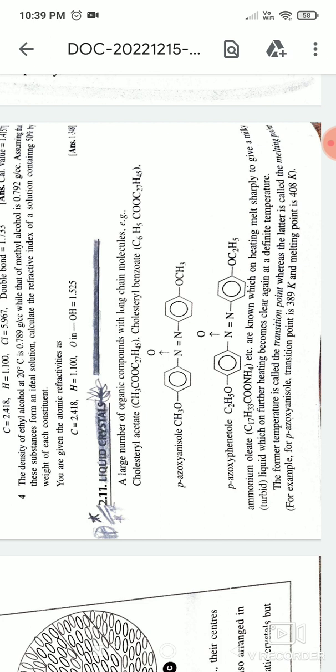The former temperature is called the transition point, whereas the latter is called the melting point.